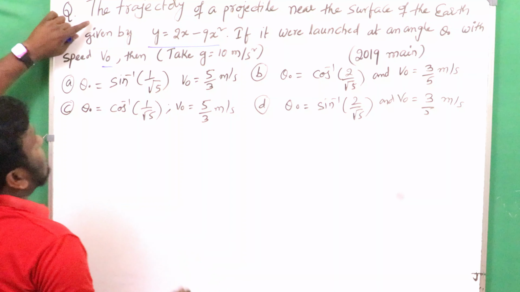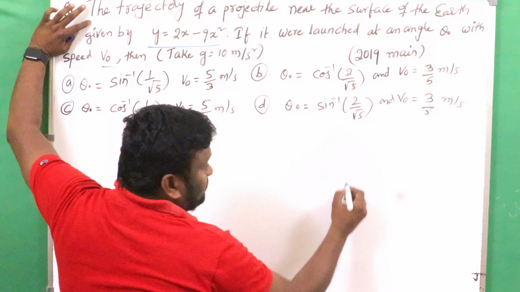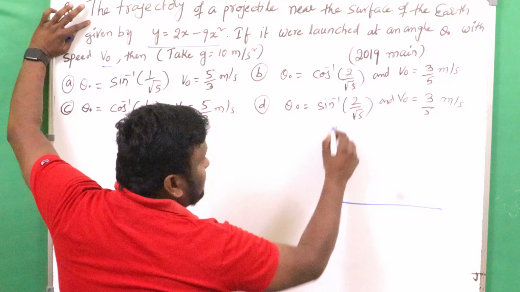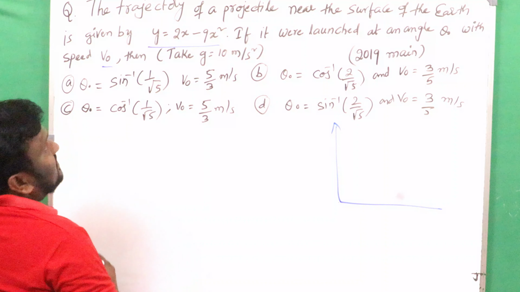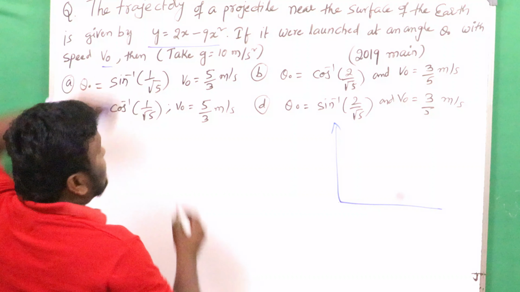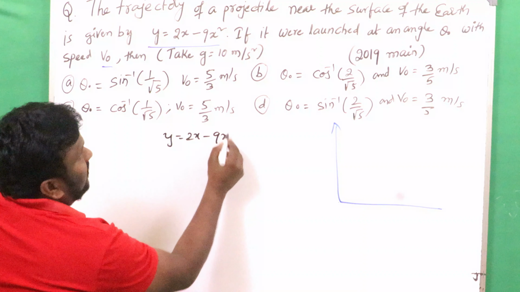What is it? The trajectory of a projectile. Here this is the earth surface. The trajectory of the projectile near the earth surface is y equals 2x minus 9x square.